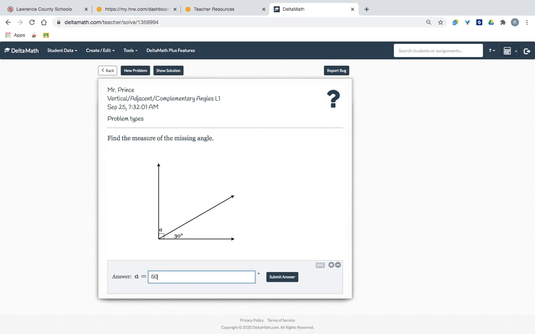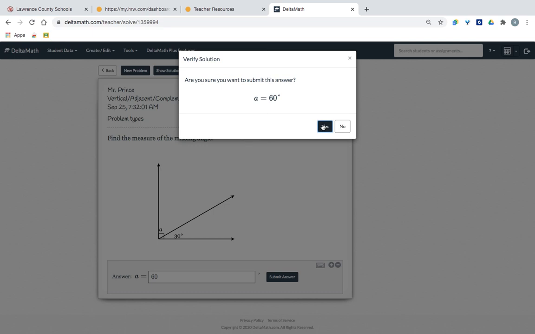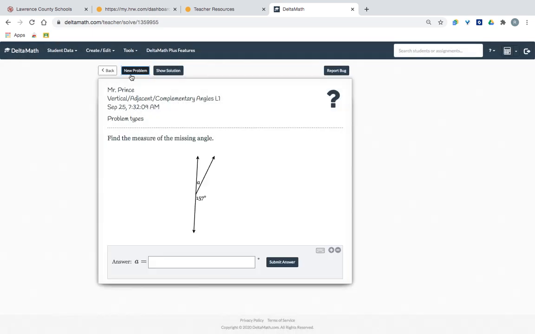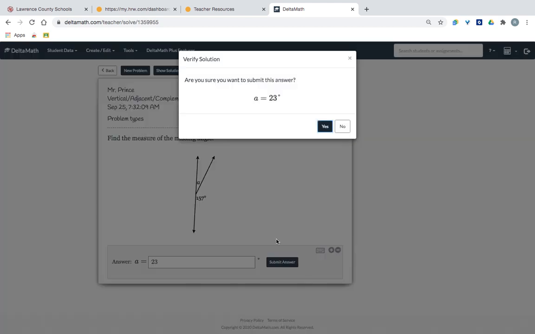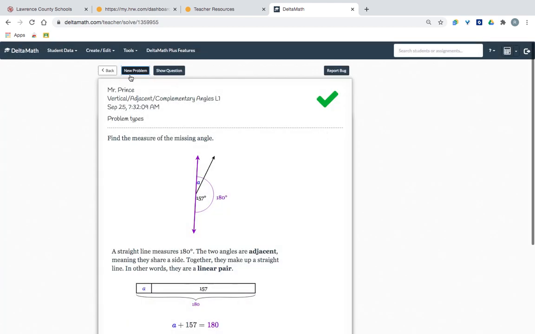You should be able to blow right through these. They're not that bad. But I do want you to understand by the end of this lesson that straight lines mean 180 degrees, and if there's a box there's 90. And to figure out what the difference is, you just do a subtraction and pop your answer in there.